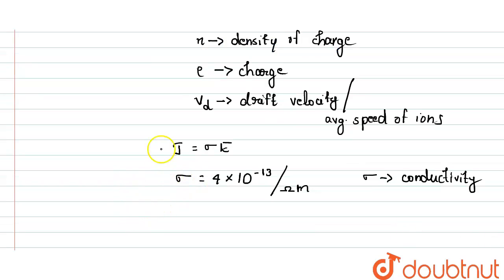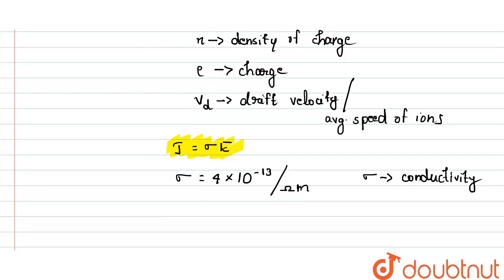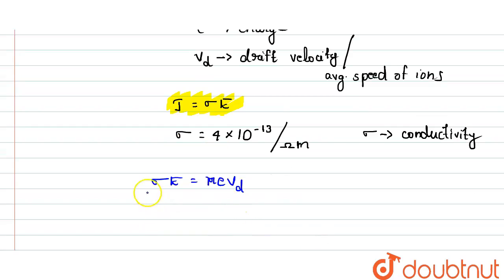Current density also has another equation, which is N into e into Vd. So we equate the above two equations. We get sigma into E equals N into e into Vd.